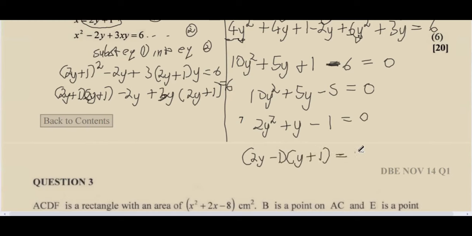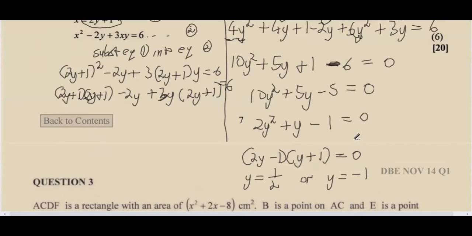So our solutions will be y is equals to positive 1 over 2, or y is equals to negative 1. That's if we take each and every bracket and equate it to 0.